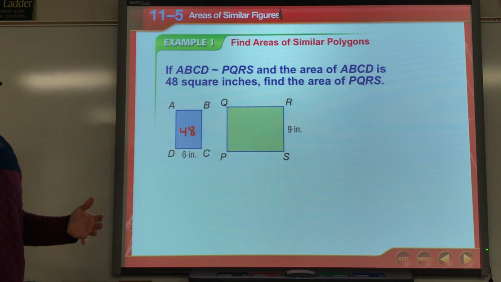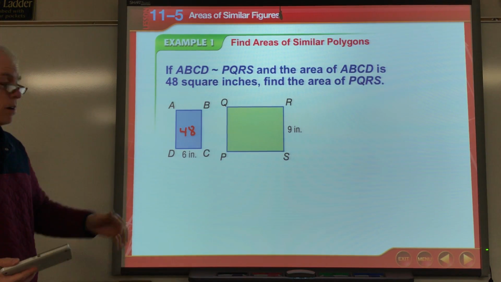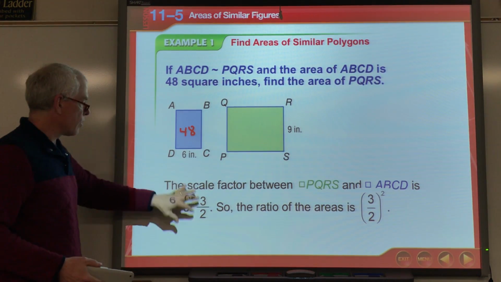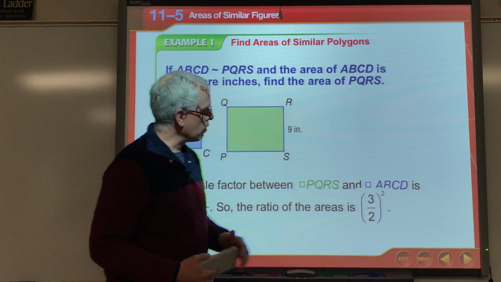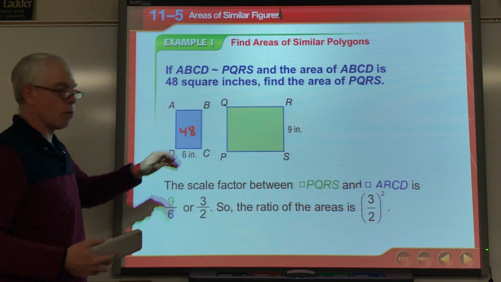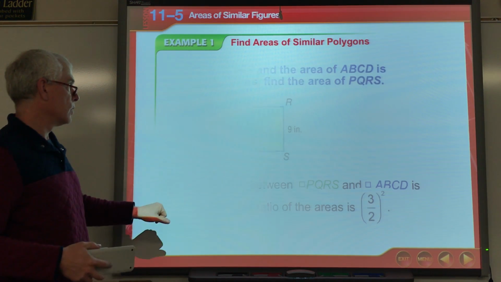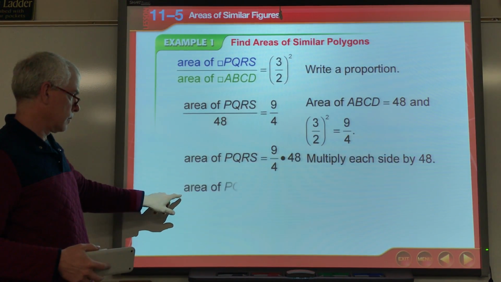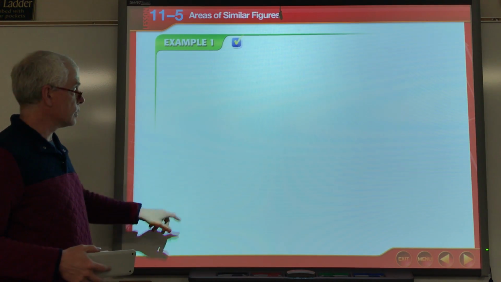Then the ratio of the areas is 2 squared over 3 squared, and then I can set up a proportion. So they went 3 over 2, so that's the ratio of the areas, 9 over 4. So I could say 9 over 4 equals x over 48, and then I could solve. And that's what we're going to do here. So we end up with about 108.